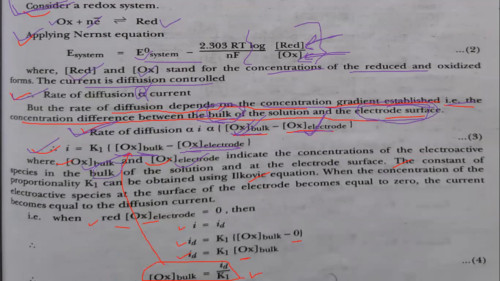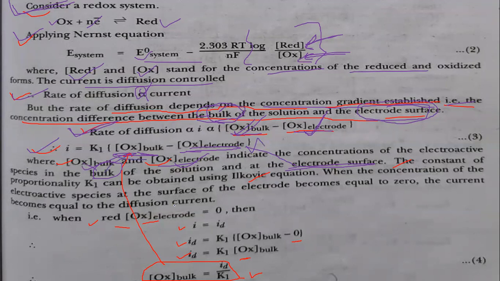OX electrode is the concentration of the oxidized form, the electroactive species, at the electrode surface, and OX bulk is the concentration in the bulk.